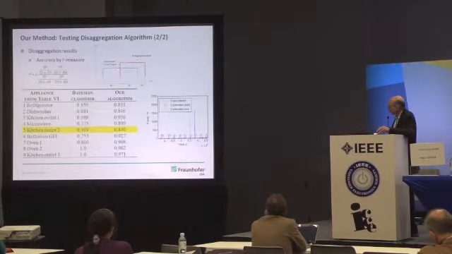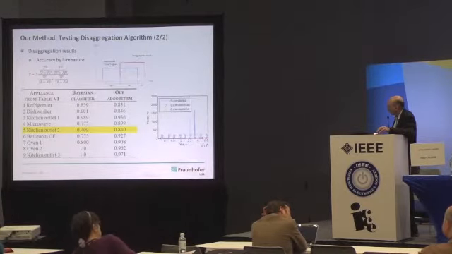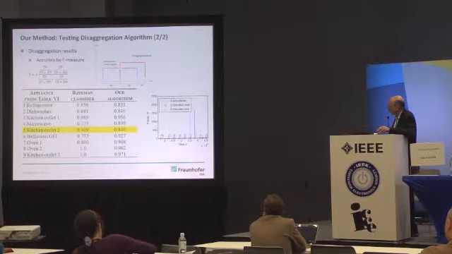If you have the disaggregated signal from the algorithm, it is shown in red, and the true signal, or let's say the submetered signal, is shown in blue. If you want to forget about the value of the power draw, which is measured by the y-axis, we can talk about true positive, which is the overlap between them in time.